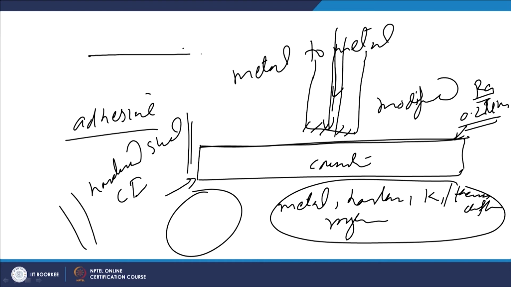So, basically against this disc the specimen is kept and we apply normal load. This normal load may be like 10 Newton, 20 Newton, 30 Newton, and this one is selected according to the application. We have to see what will be the kind of the contact pressure during the service, and accordingly we select the suitable load, and then the relative movement is given between the two. After applying the load, holding the specimen over the counter surface, relative movement is given to the counter surface.